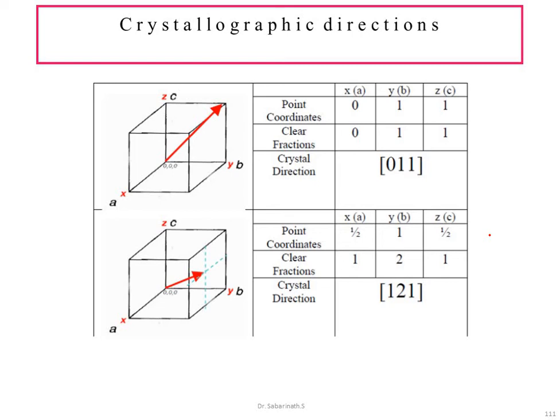Similarly, here also for the x-axis we have the value half, for the y-axis the value is unity, and for the z-axis again it will be half. So altogether, the common representation lies here.